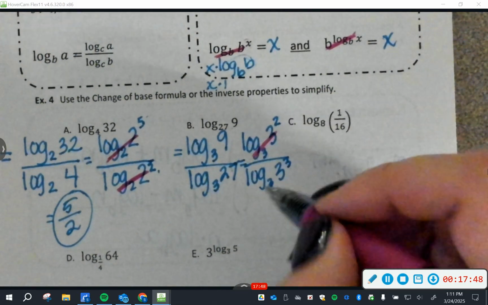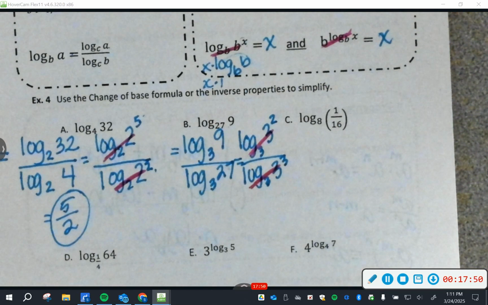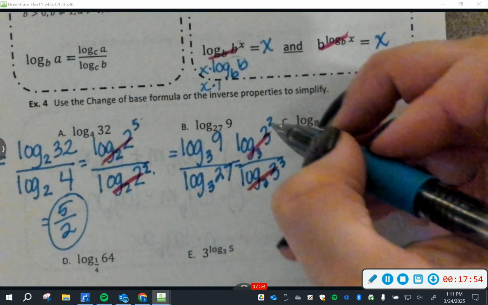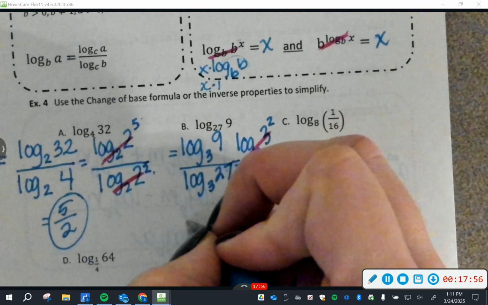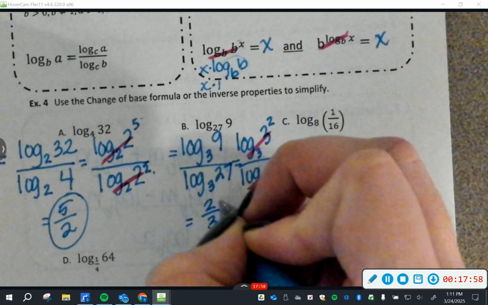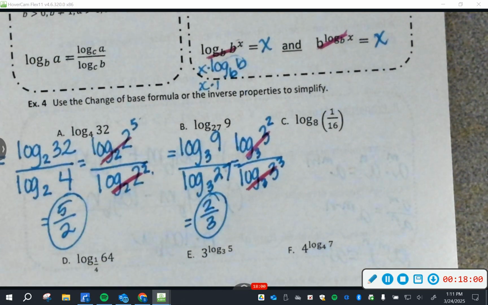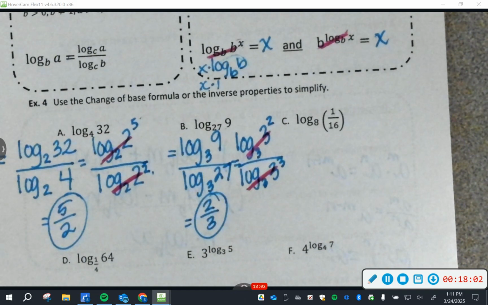So cancel, cancel. And what am I left with? 2 over 3. Okay? Does that make sense? Okay.